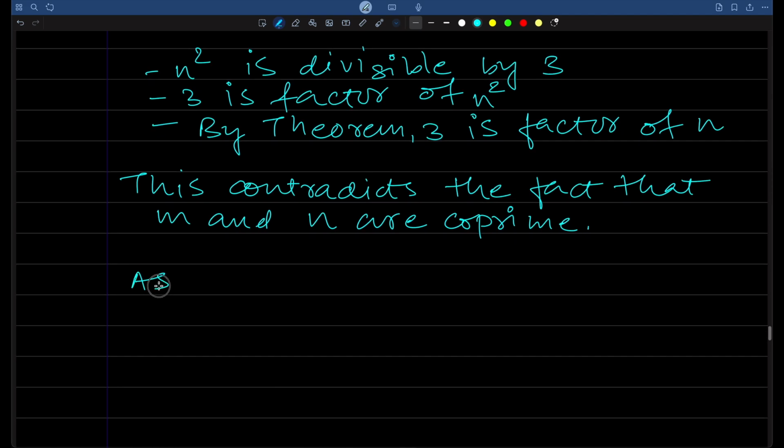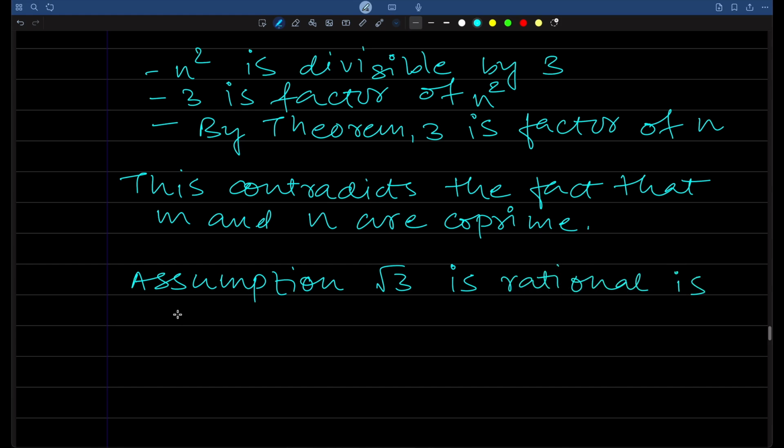Hence our assumption, that is root 3 is rational, is false, and hence root 3 is an irrational number.